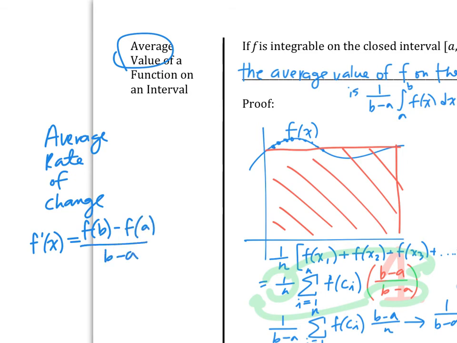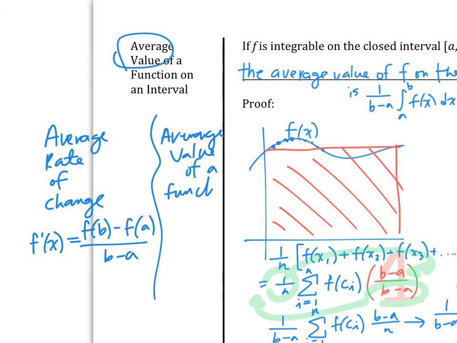Yes, okay. So that is the average rate of change. Average value of a function, let's just call it f of c, is 1 over b minus a of the integral from a to b of f of x dx.